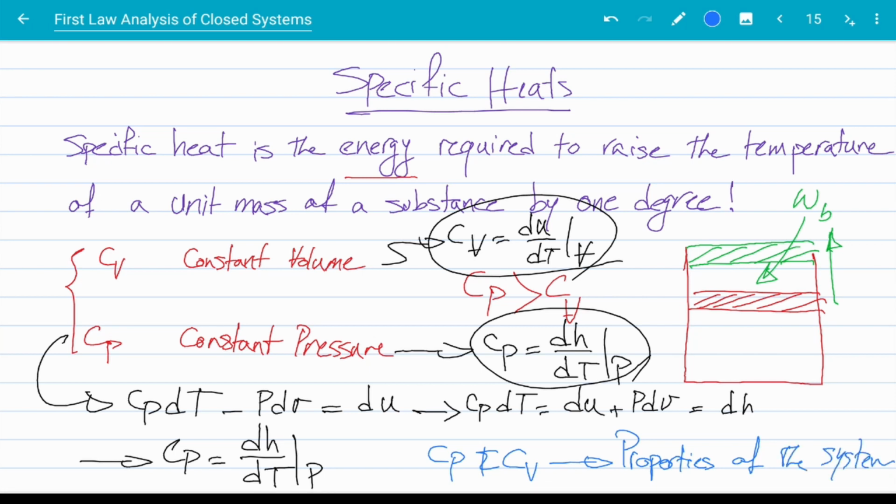Now, because they are properties, they are independent of the process, just like the internal energy is independent of the process and is only dependent on the state. Cp and Cv are also independent of the process and only dependent on the state. Now, we used constant volume and constant pressure states to define these two, but they are actually independent. Regardless of how your substance reaches state 1, Cp and Cv at that state 1 are always the same.